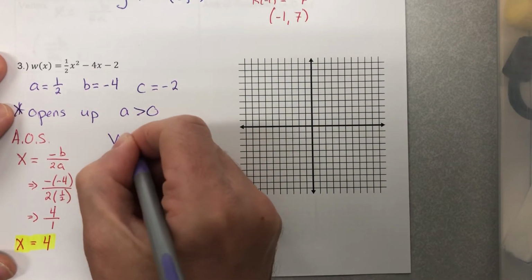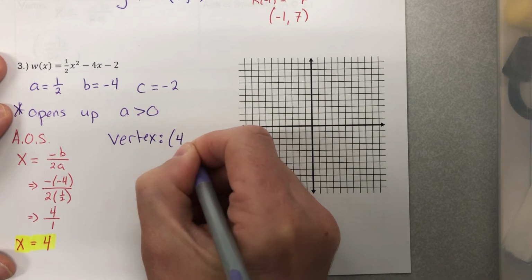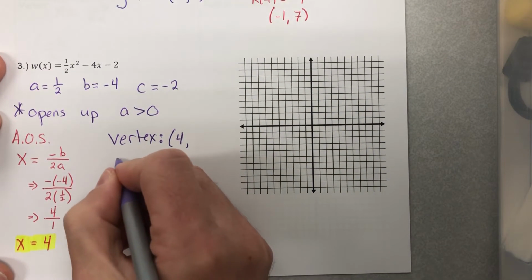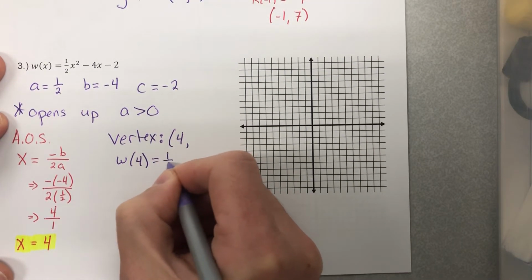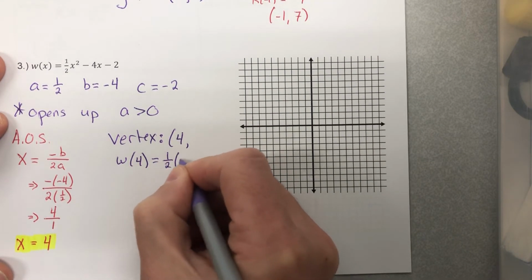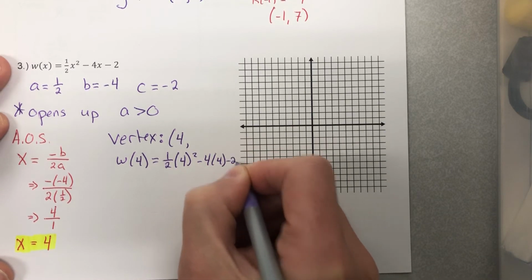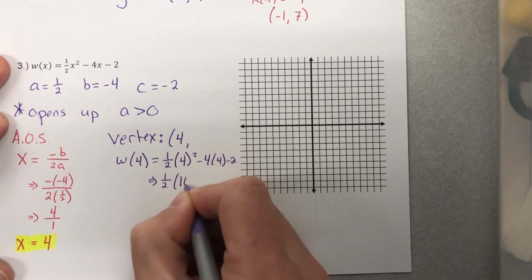We also, with that value, know that our vertex's x-coordinate is 4. We need to find the y-coordinate of the vertex. So we're going to plug in 4 for our x to find the value of y at that point. 1/2, 4 squared is 16.